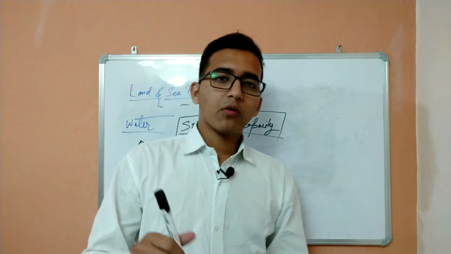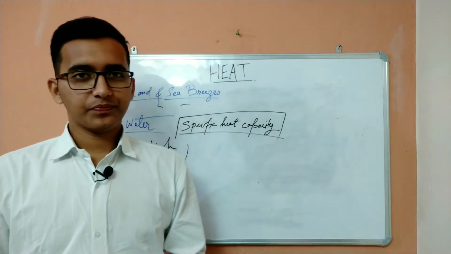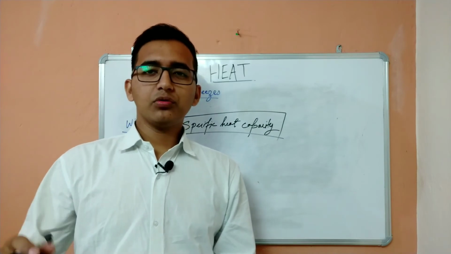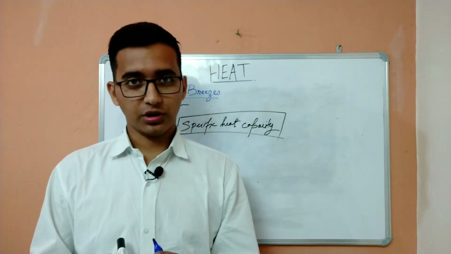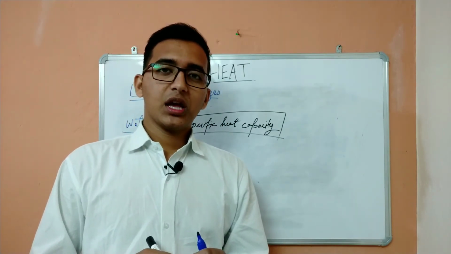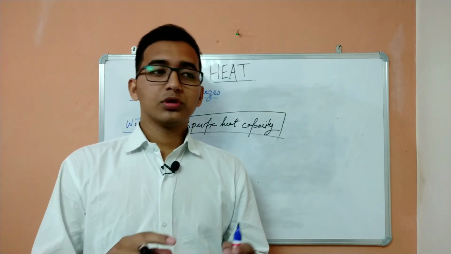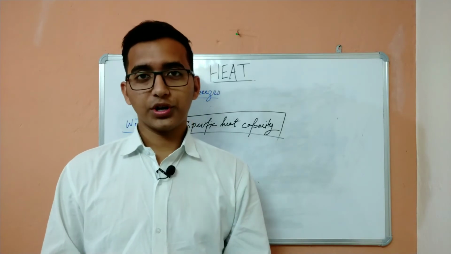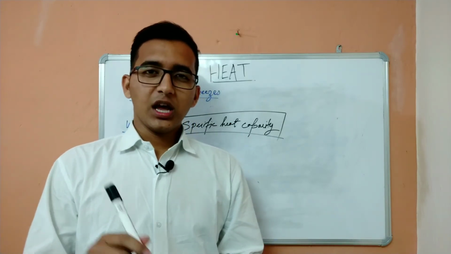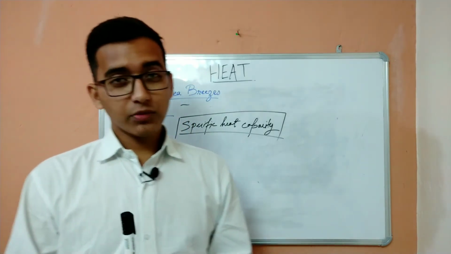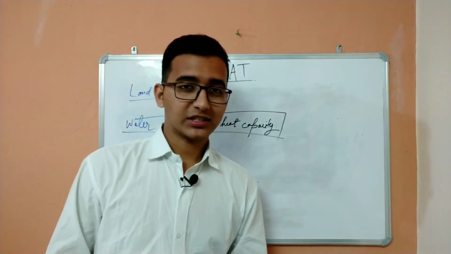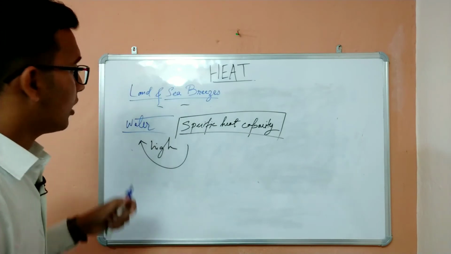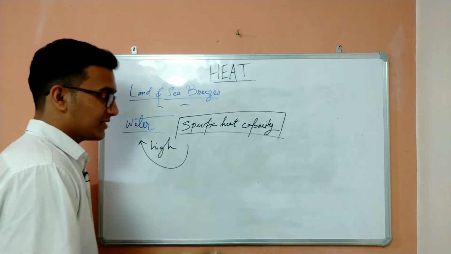One more example: whenever you get burned, what do you do first? If you have ice, you put ice on that burn. Or you just rush for cold water if you don't get ice. The reason why you do it is because of the high specific heat capacity of water. That's the only reason. Now water has a high heat capacity.